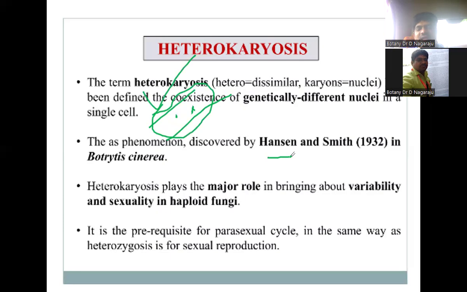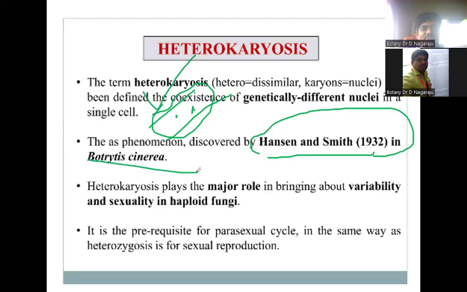Heterokaryosis was first discovered by Hansen and Smith. Heterothallism was first discovered by A. F. Blakeslee in Mucor. Heterokaryosis was first discovered by Hansen and Smith in Botrytis cinerea. This plays a major role in variability and sexuality in haploid fungi.